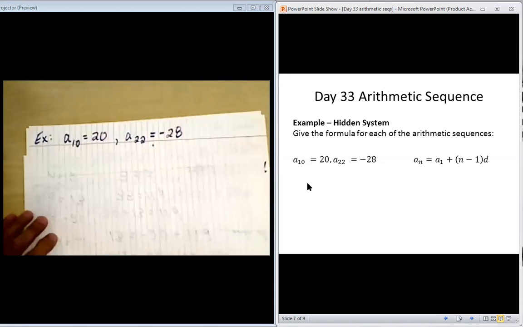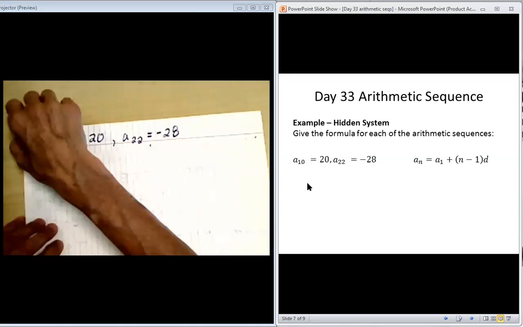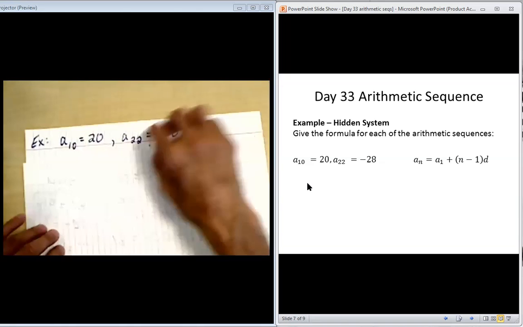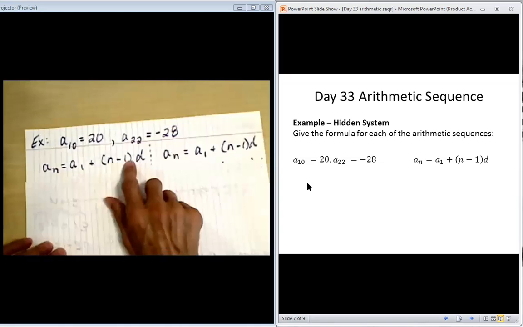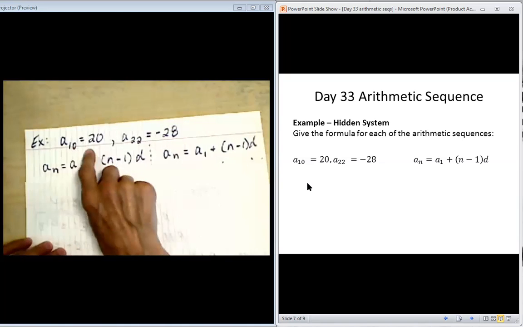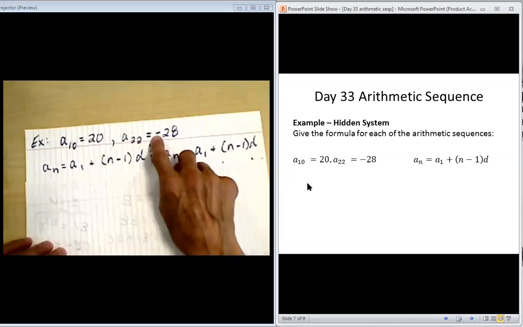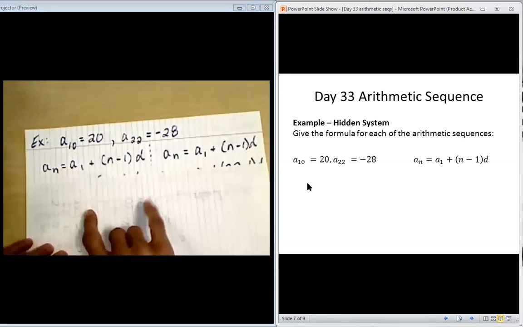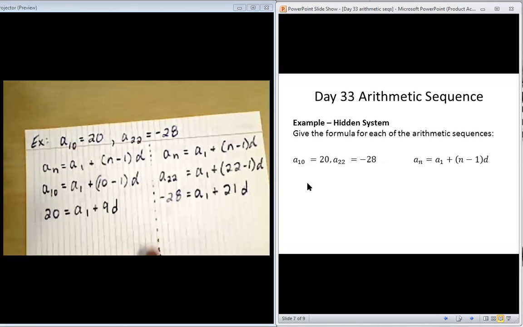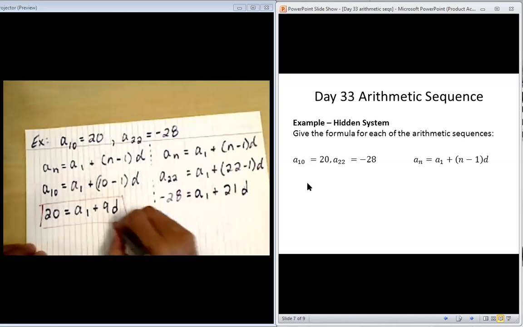So each of these facts, each of these equations gets its own part of the page. We use the starting formula with this first fact here, and then we do it again with that fact there. Substitute in what we know, take it as far as we can, and we get this equation here.